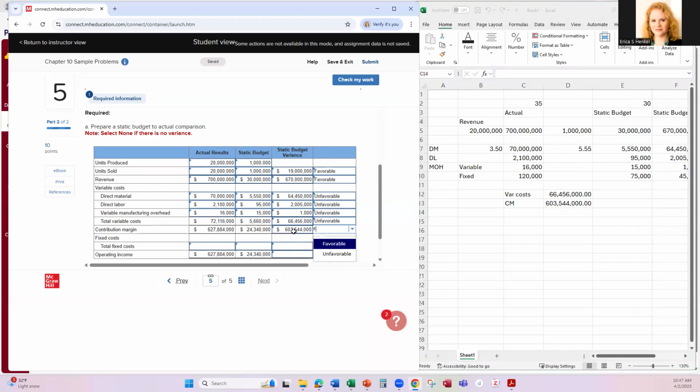So that would be favorable. Contribution margin, remembering that's the amount left over to cover your fixed costs and or generate profit. So we had significantly more contribution margin than anticipated.